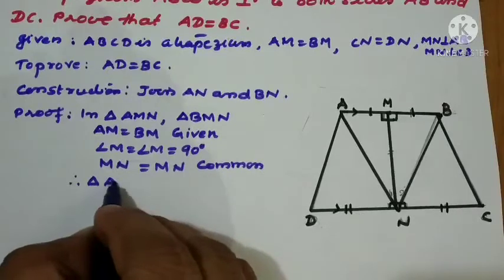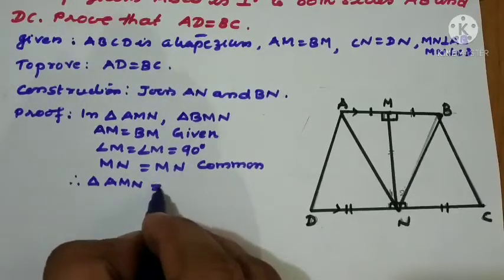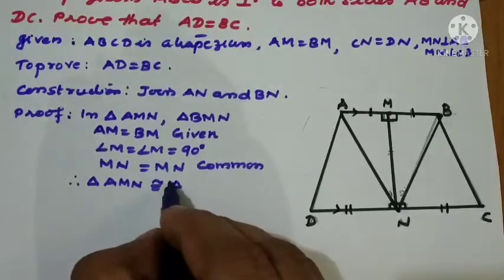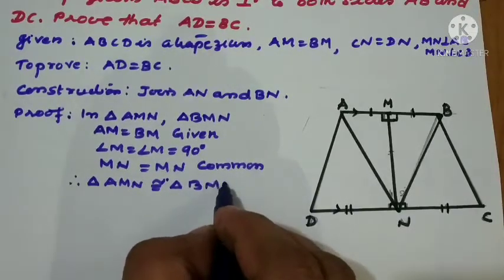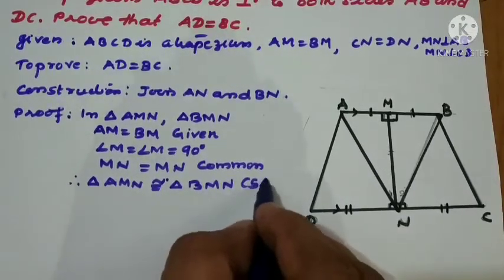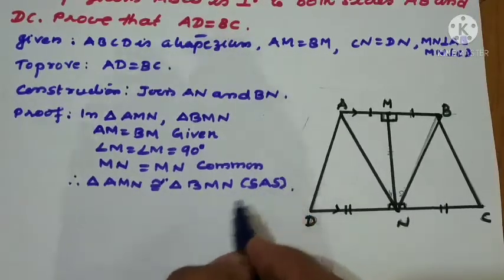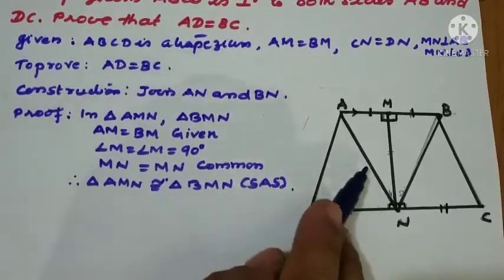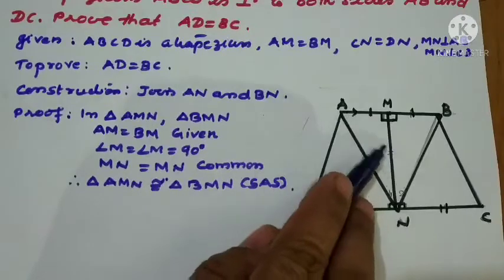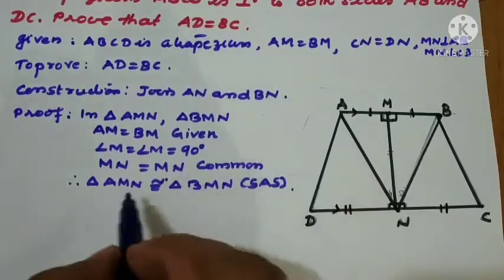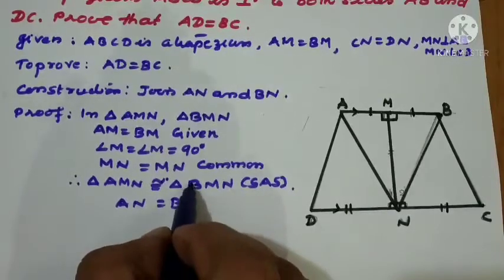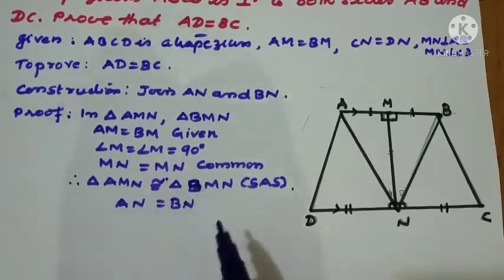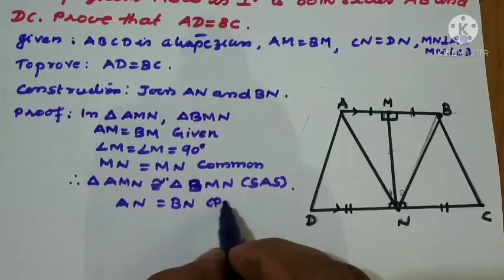Triangle AMN is congruent to triangle BMN, SAS. Now what is the result? The other sides: first side, second side over, now the third side, that is AN equals BN, CPCT.